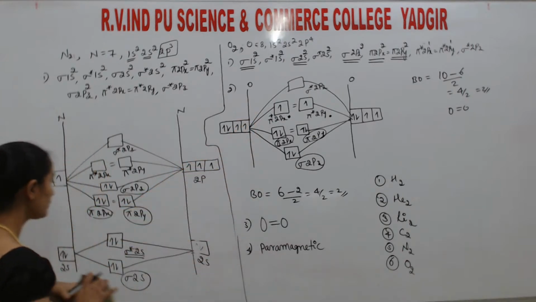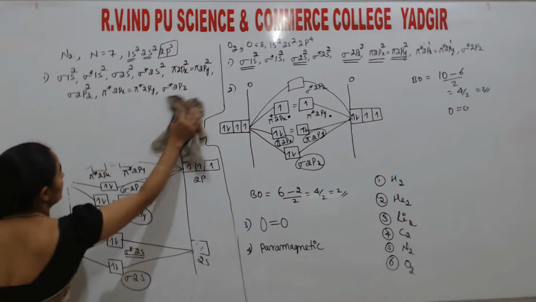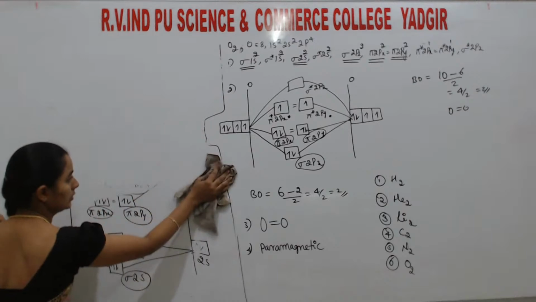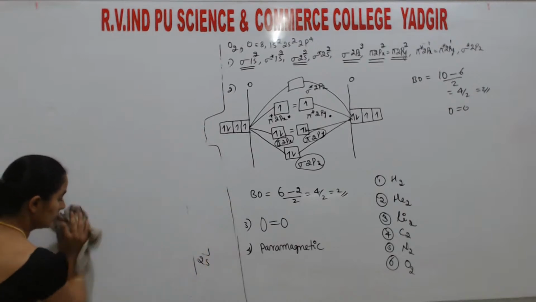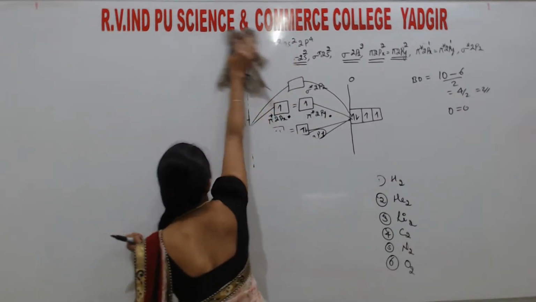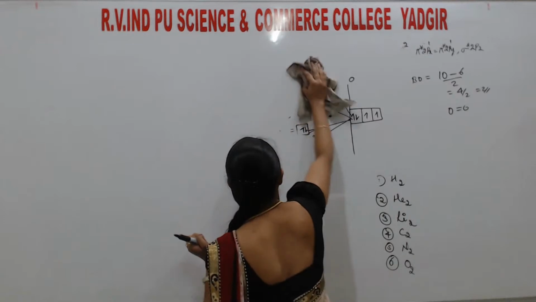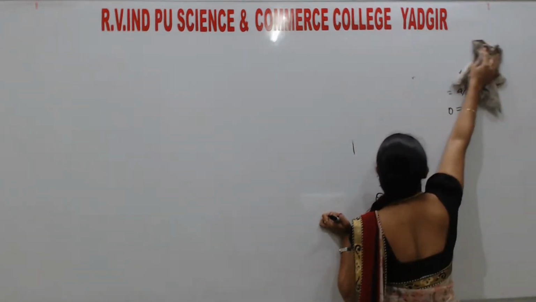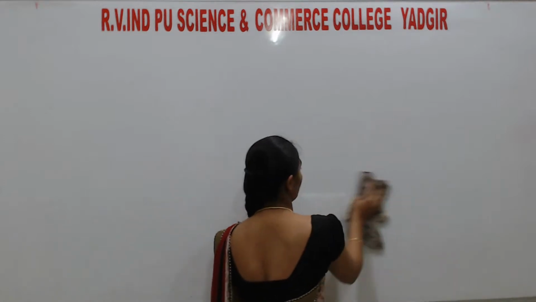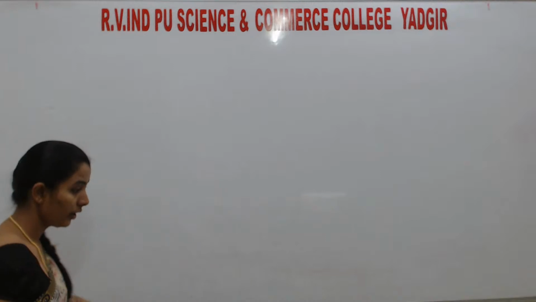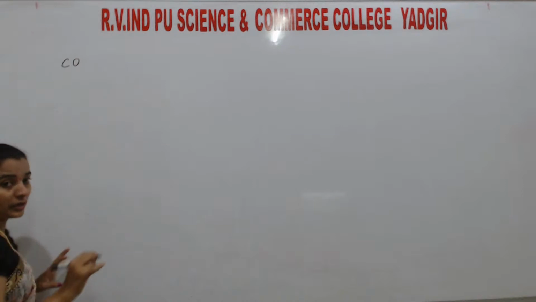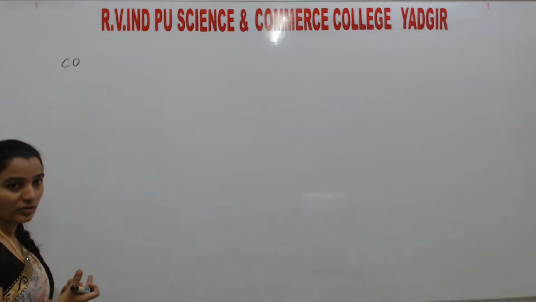Okay. Next, another one. Listen, if different atoms are given, for example, a CO molecule is taken. One is carbon, another one is oxygen. We don't know the structure.